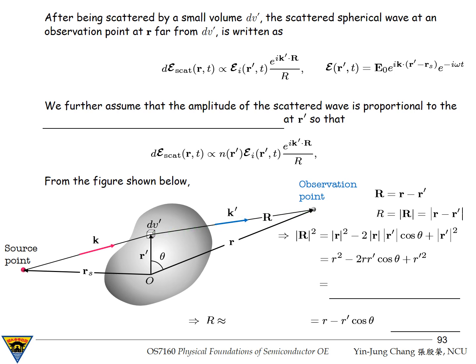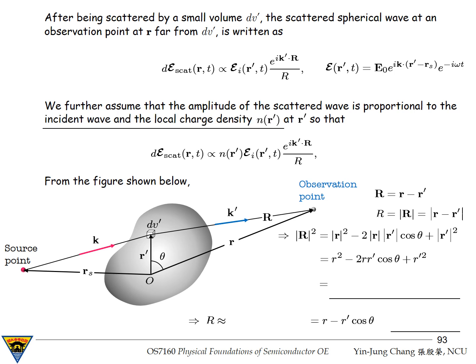So at an observation point located at position R, the scattered field from the volume element dV prime can be written approximately as shown in this expression. So it is proportional to the incident field at position R prime, and it takes the form of a spherical wave. Next, we make a physically reasonable assumption, which is that the amplitude of the scattered wave is proportional to the local electron density or charge density from which it is emitted.